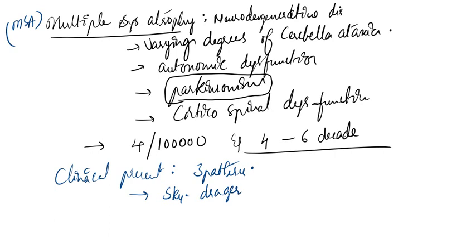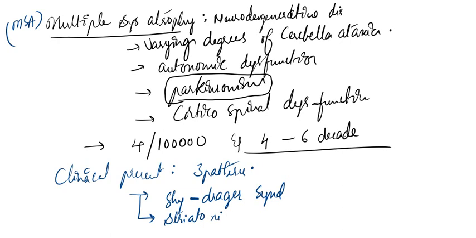Sorry, not sky, it's actually Shy. It's called Shy-Drager pattern, or Shy-Drager syndrome. That is the first pattern. The second type is SN degeneration, or striatonigral degeneration.